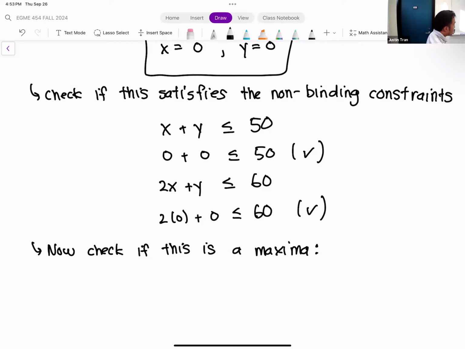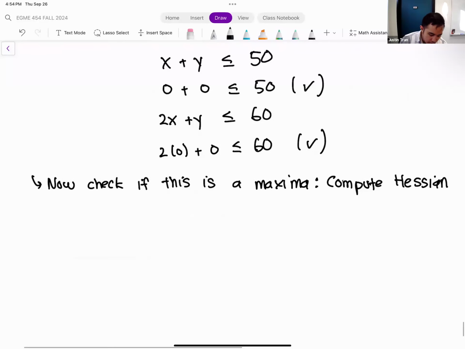Luckily for us, we basically treated this as an unconstrained optimization, so we can just compute our typical Hessian. Let's compute all the second order derivatives.